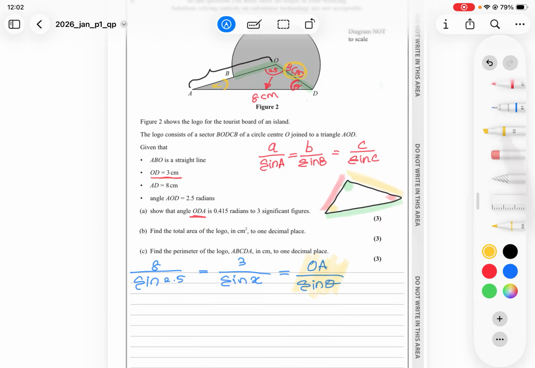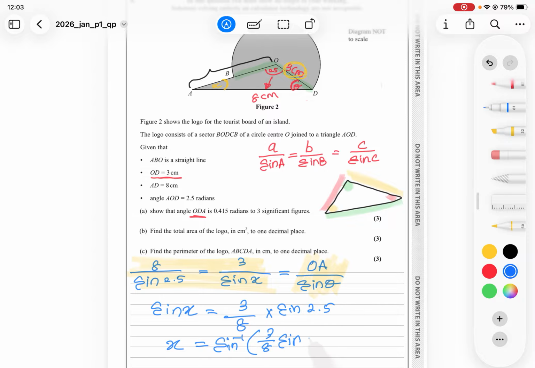But since we know most of the information about these two relationships, we can go ahead with this. Making sine x the subject, it would be 3 divided by 8 times sine 2.5. So x is going to be sine inverse of 3 over 8 sine 2.5. This is the answer we're going to get for x.